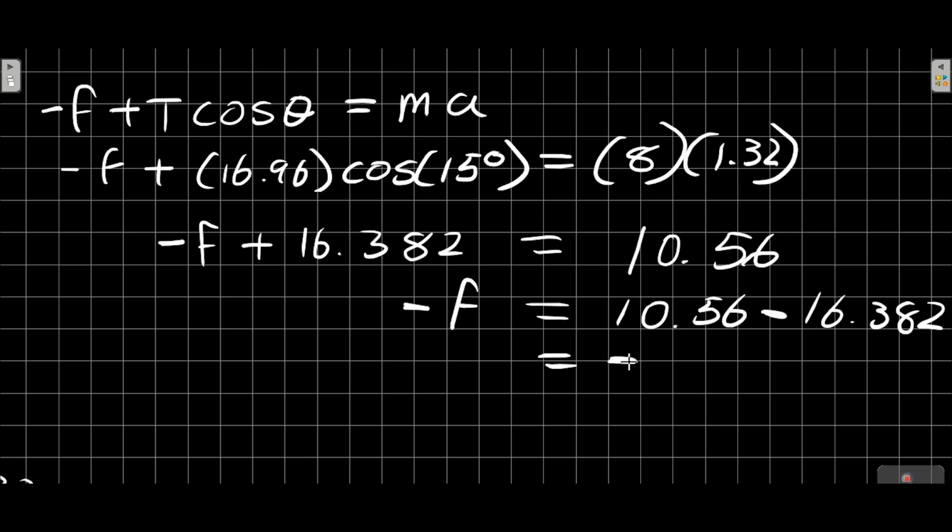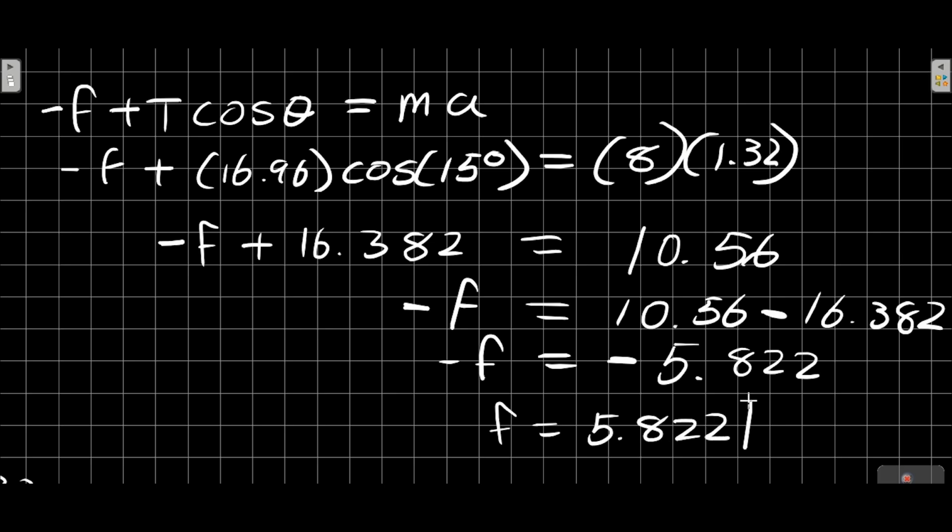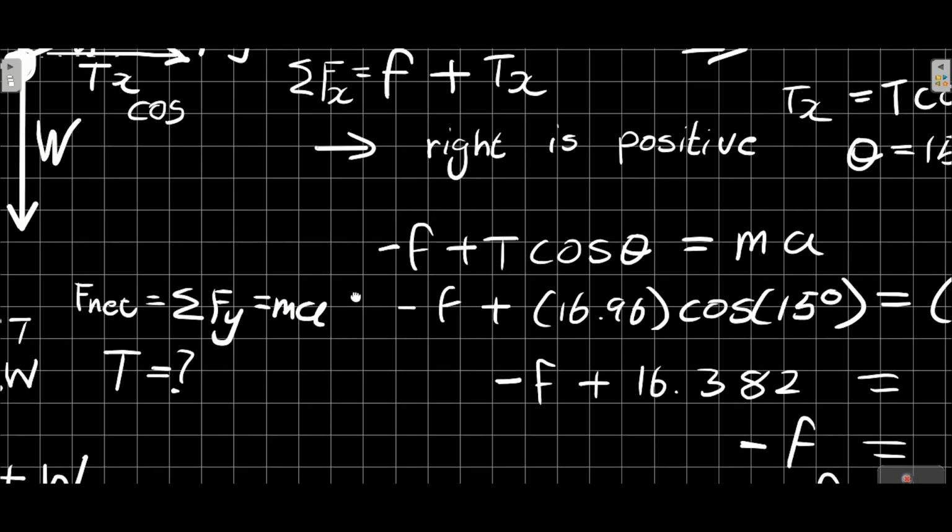And that is negative 5.822. To make this positive, we multiply by negative 1 on both sides, and we get F equals 5.822 newtons. So that's our answer for F.